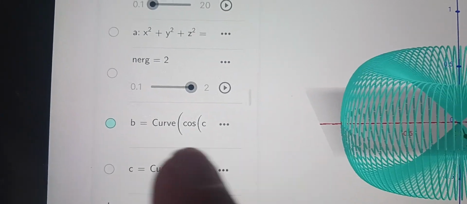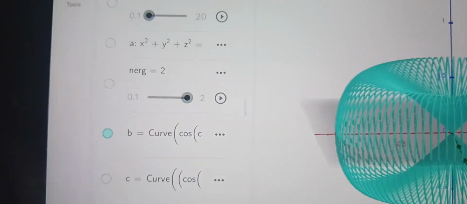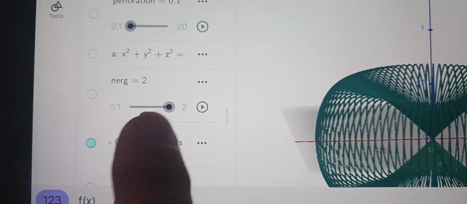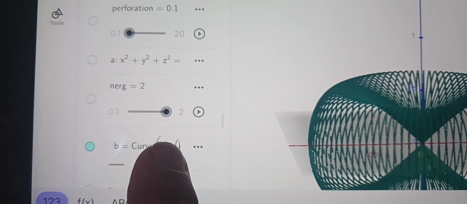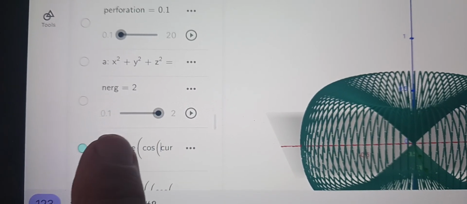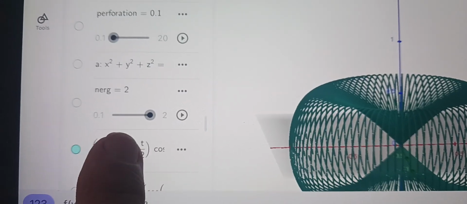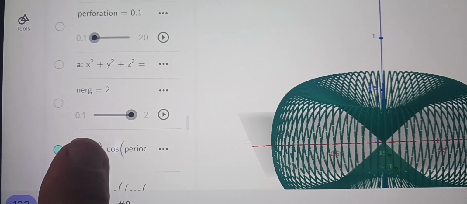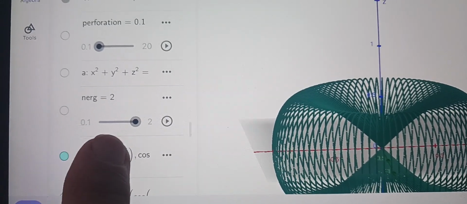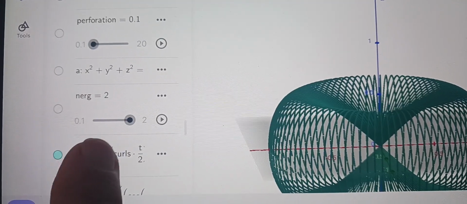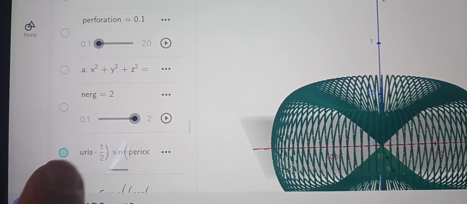The equation is basically the same as a circle curve: cos theta, cos theta, cos theta, sine theta, sine theta.